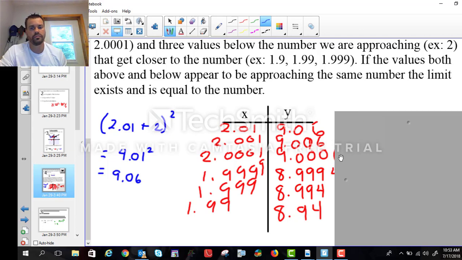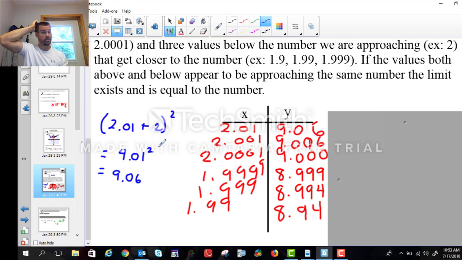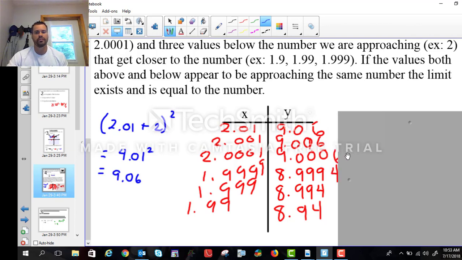Okay, and all we do, and I won't bore you with doing this every time, but all we do is take each of these numbers, okay, and we plug them into that formula just like we were doing, and we end up with our answers. And as we look at these answers, what we try to do is decipher a pattern. So is there a pattern? Is there a number that this appears to be approaching?